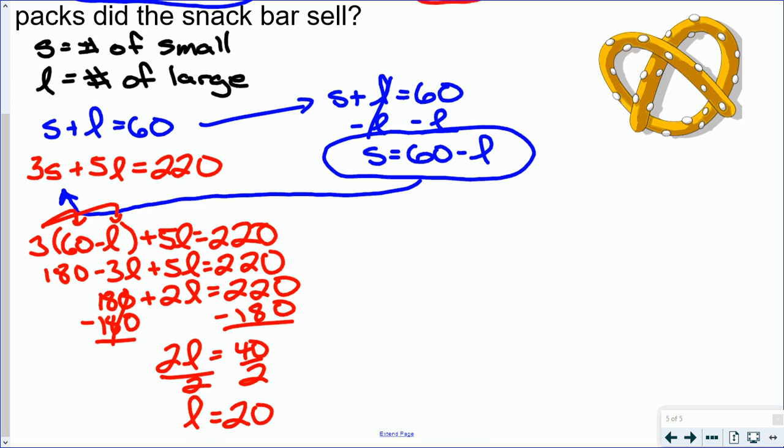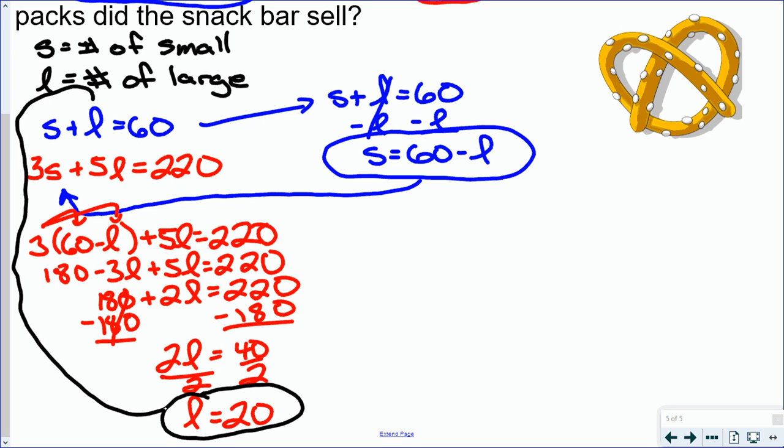So I'm going to take this, plug it into the other equation, and you probably already know what the answer is. I'm going to say S plus 20, so I replaced L with 20, equals 60.